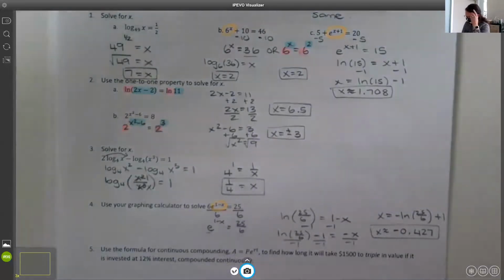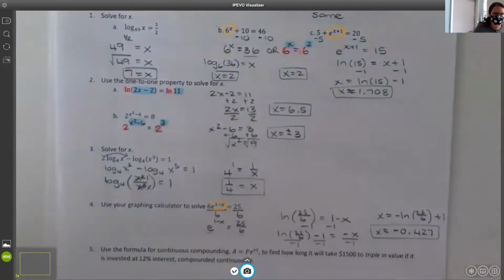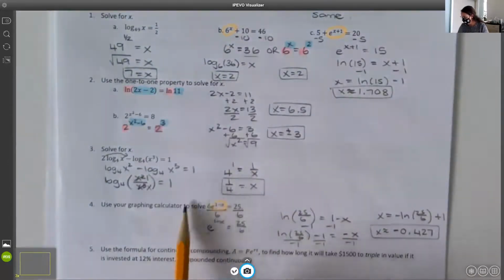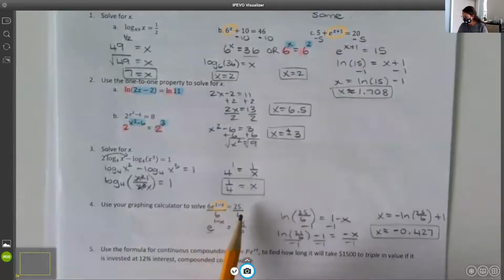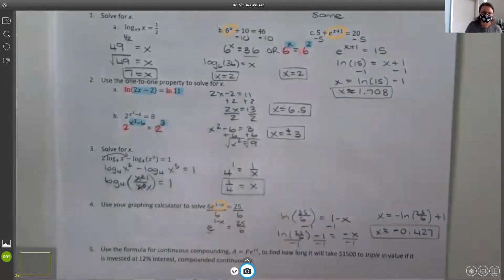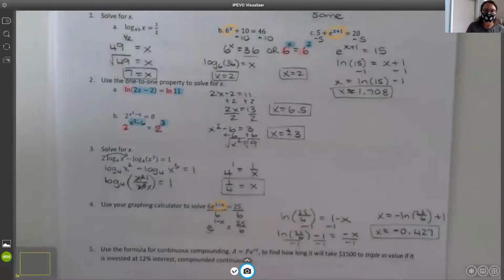So let's go ahead and check that on your graphing calculator. On your graphing calculator this time, put the left-hand side of this equation into y1, put the right-hand side into y2, and then see what your equation looks like.